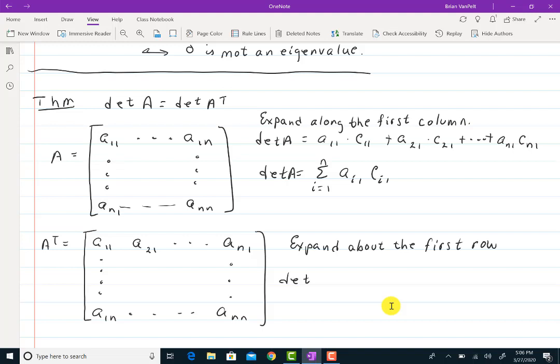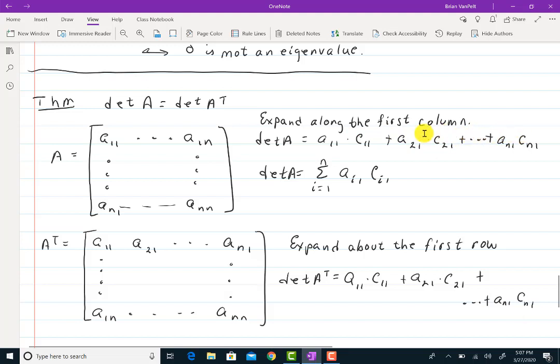So the determinant of A transpose, well then I'm going to have A11 times C11, but then I'm going to have A21 times C21 plus ... plus AN1 times CN1.